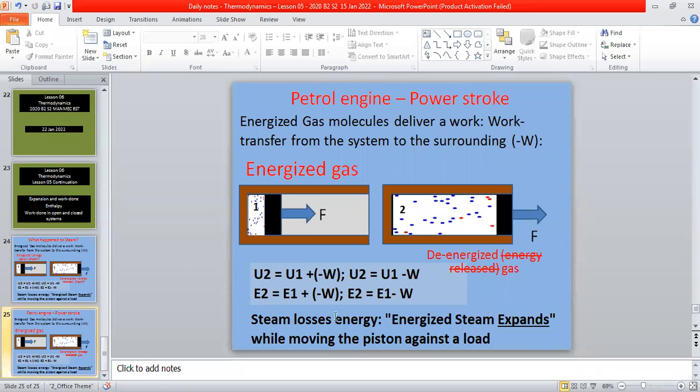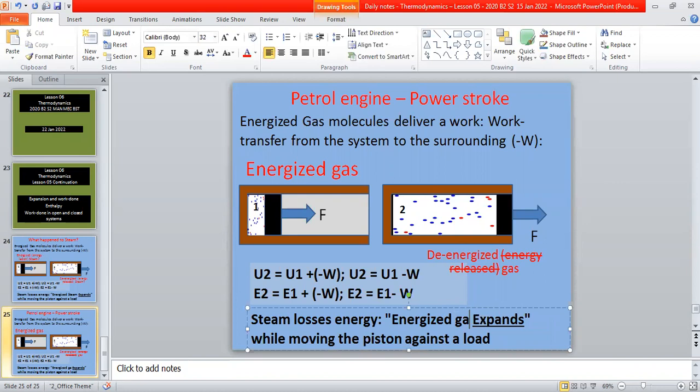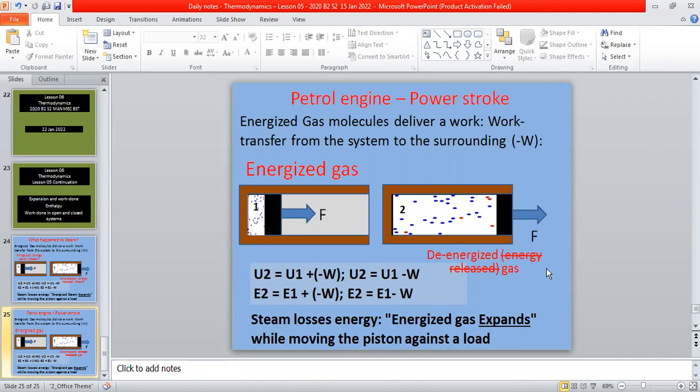The system loses energy, so this energized gas expands again. Sometimes when I explain too much, that may bring confusion, but I'm repeating the same: for this energized gas to deliver work, it should expand while moving a mechanical part. So energized gas expands.